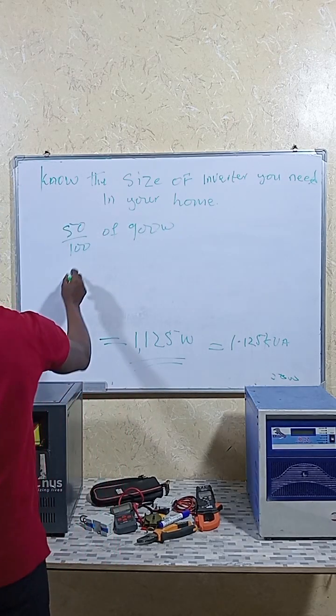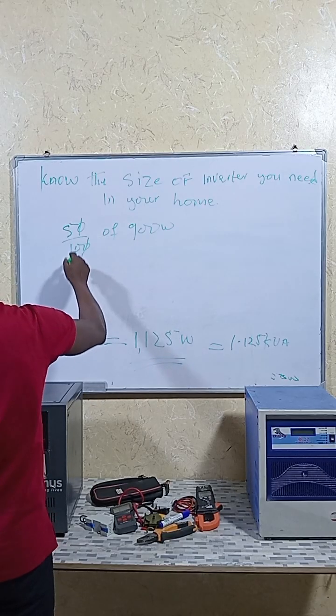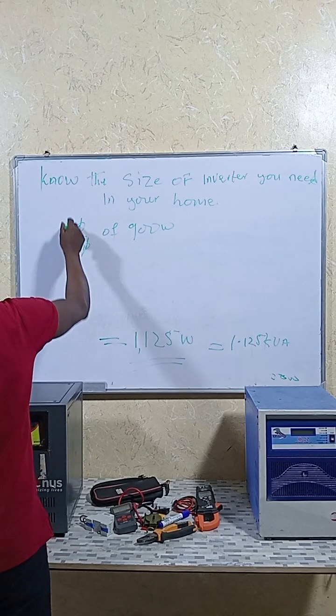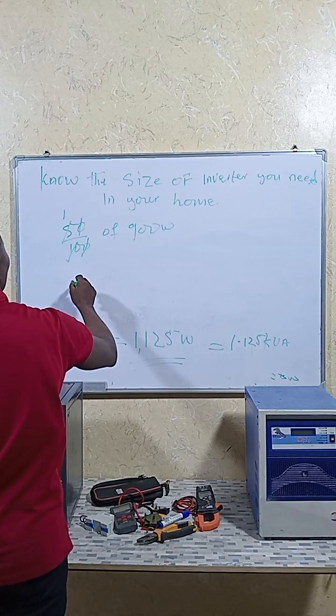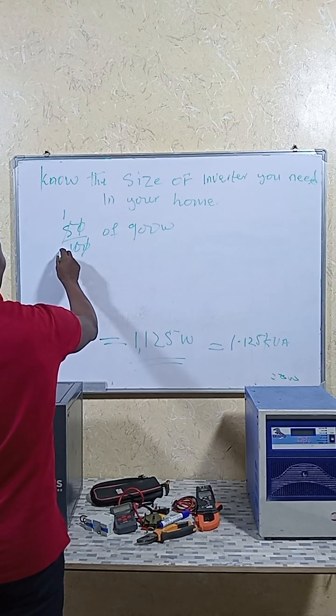Zero cancels zero, then you have 5 here, which becomes 1, and this becomes 2.